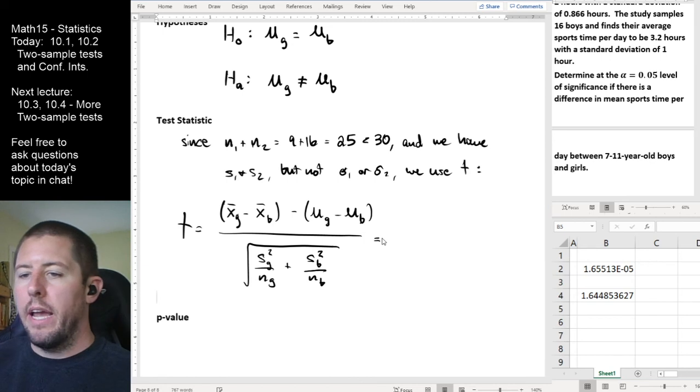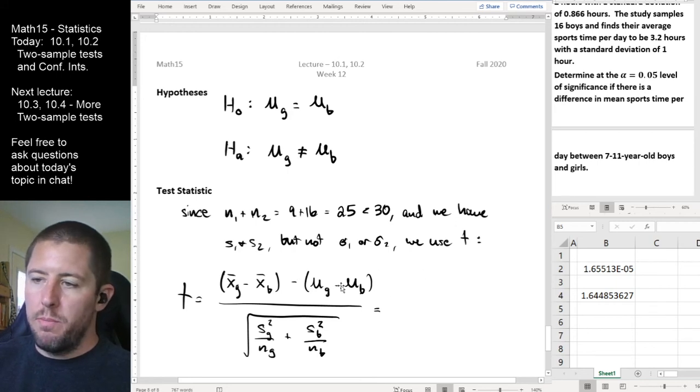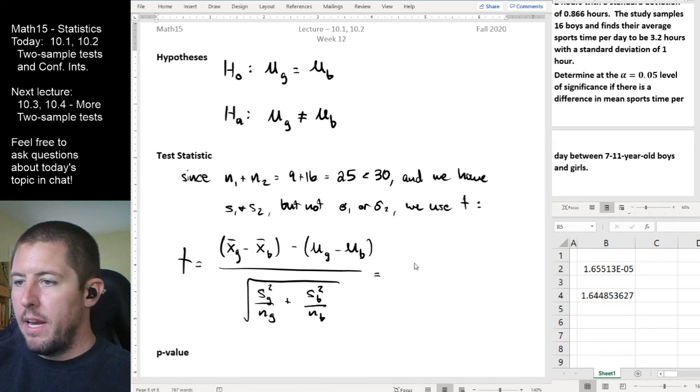All right, let's see what we're getting for our t-test statistic. Notice right away, again, our null hypothesis says there is no difference between the two groups, so this will be 0.